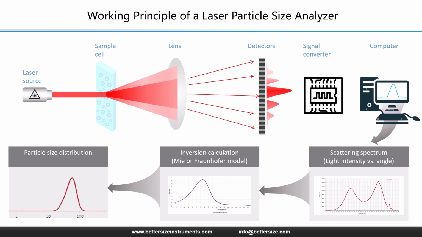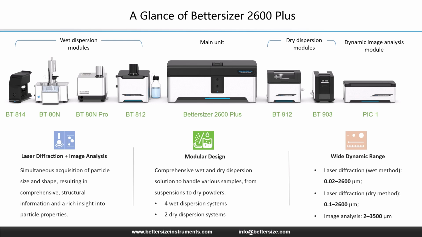It works backward from the light pattern to the particle reality, and the result is what you see on the bottom left, your final particle size distribution. So, the quality of your result depends on two things: precise hardware to catch the light and a powerful algorithm to decode it. Now, let's take a glance at the Bettersizer 2600 Plus system.